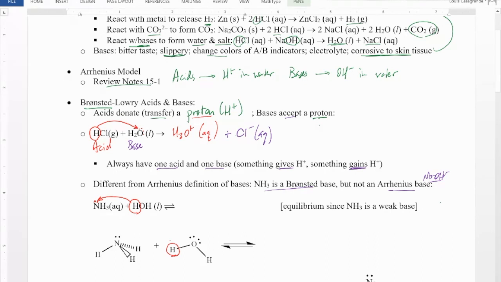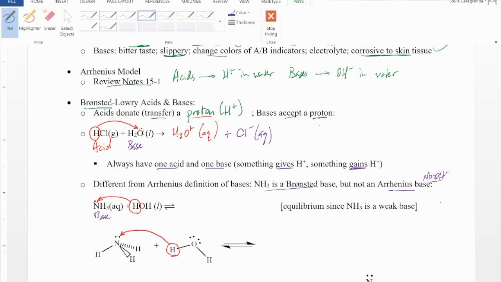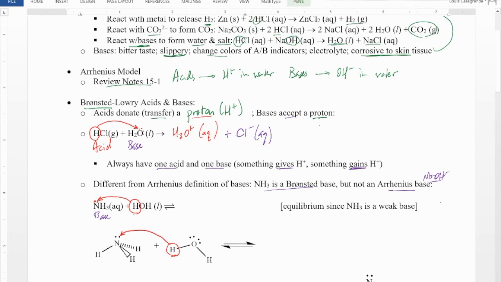So that proton is going to be attracted to the ammonia. When it does, let's label ammonia as the base. And since ammonia is the base, water is now acting as the acid. And we'll talk about what that means for water in a couple of minutes.